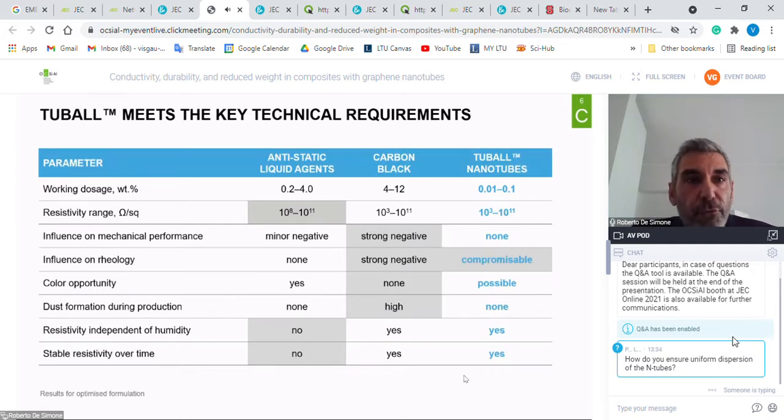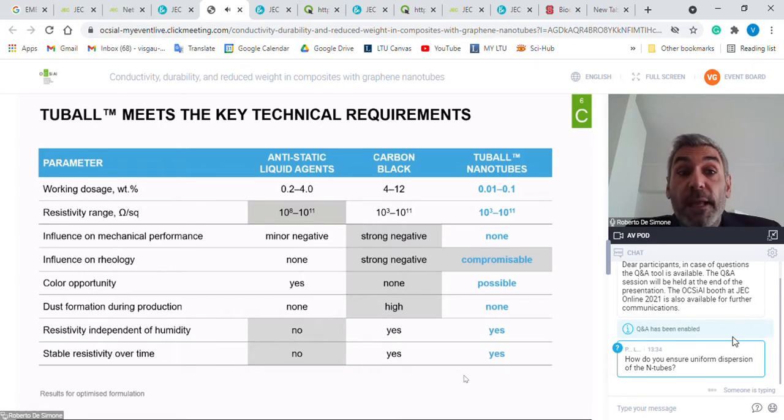As you can see, the first important thing to highlight is, if we make a comparison between the working dosage, for carbon black, for example, we are talking about a range between 4 and 12 weight percent, compared with Tubal, where the usage of Tubal in the range of 0.05, 0.1 weight percent can bring a very full range of resistivity with no negative impact on mechanical performances, very acceptable on the rheology and the viscosity.